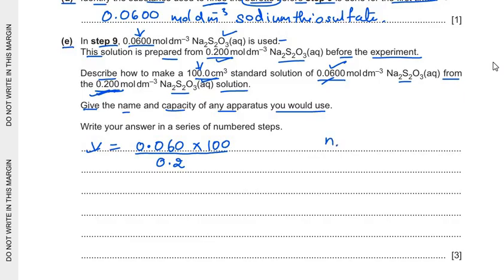That is N1 V1 equal to N2 V2, or you can say C1 V1 equal to C2 V2. So concentration into volume is the formula, and if we want to find the volume, V1 equals C2 V2 divided by C1. That's the formula we have used here. If we do this calculation, we get the volume as 30 centimeter cube.